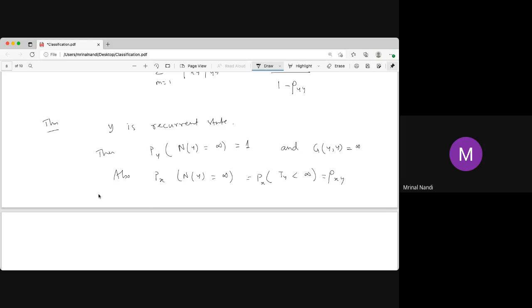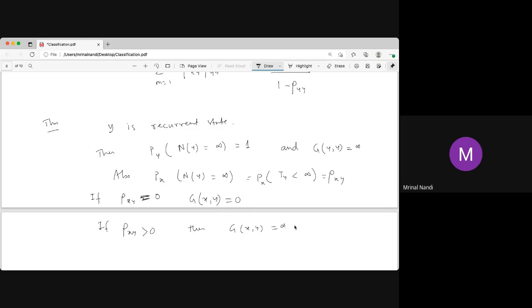Moreover, if rho_xy is 0, that means you can't reach from x to y, with probability 0, then obviously the expected number of visits is 0. And if rho_xy is positive, then G_xy is infinite.